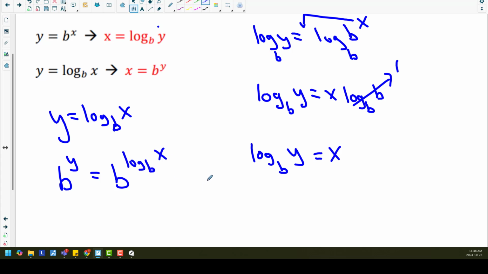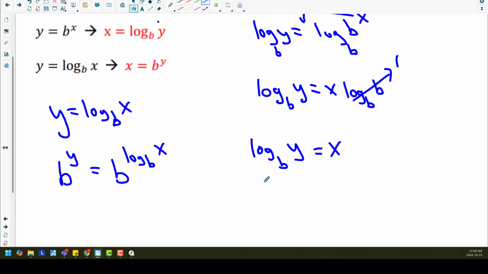You can do this. And if I were to do this, what would happen? Well, you know how division and multiplication are kind of like opposites of one another?